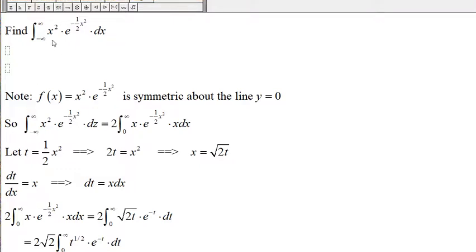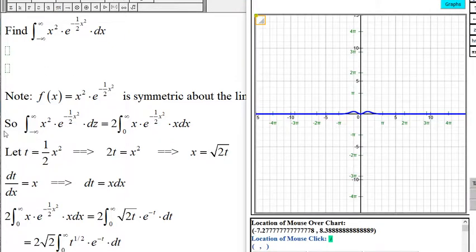We want to find the integral of x squared times e to the negative 1 half x squared. For the function x squared times e to the negative 1 half x squared, this is what the graph looks like.